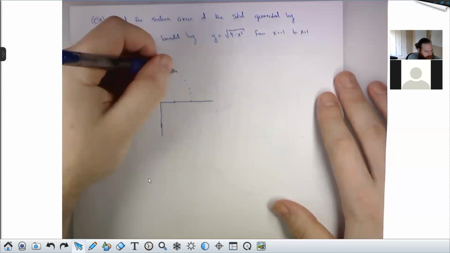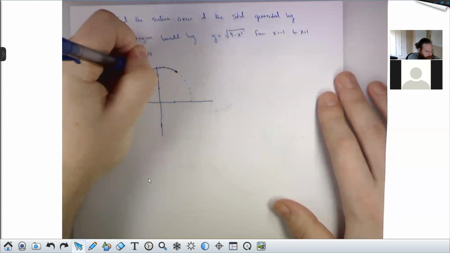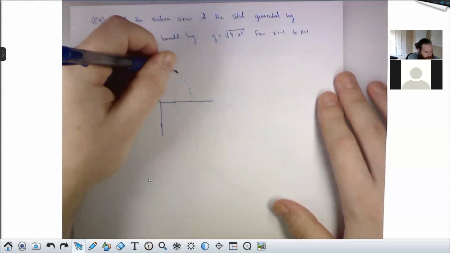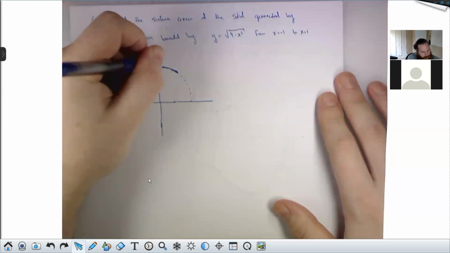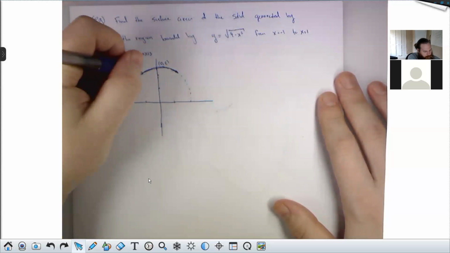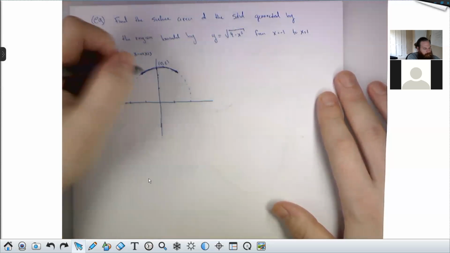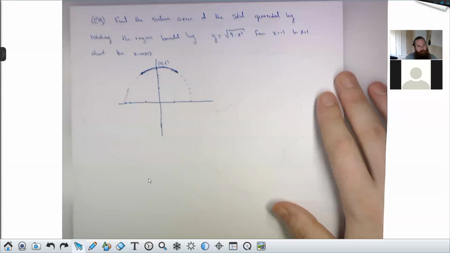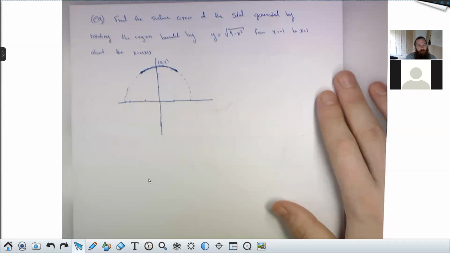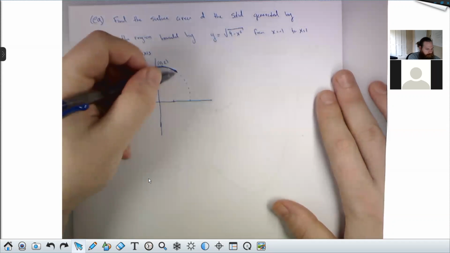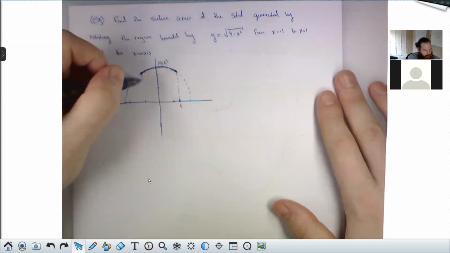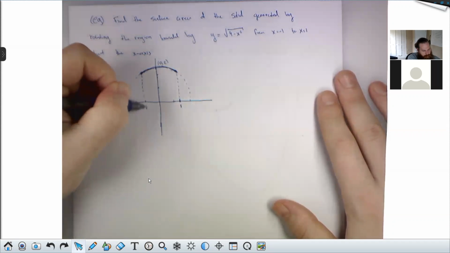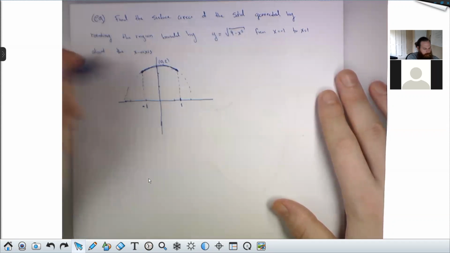But we just want to take the piece that's from -1 to 1. So up here, this would be the point 0, 2. And really, we're just looking at rotating this piece. This would be 1. Over here, -1. So I want to rotate this region.